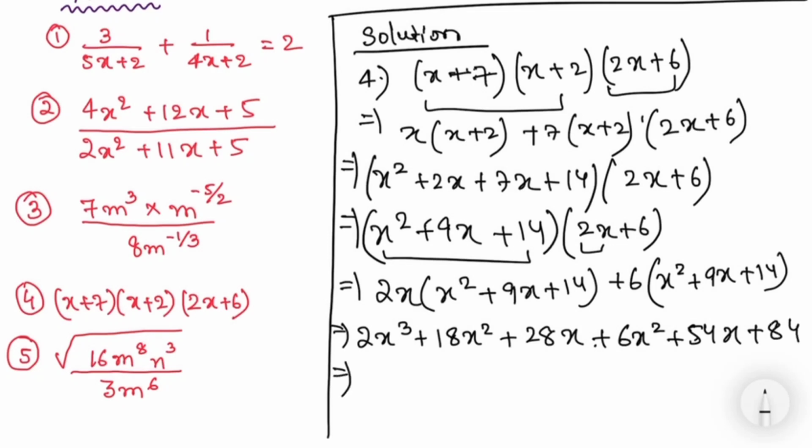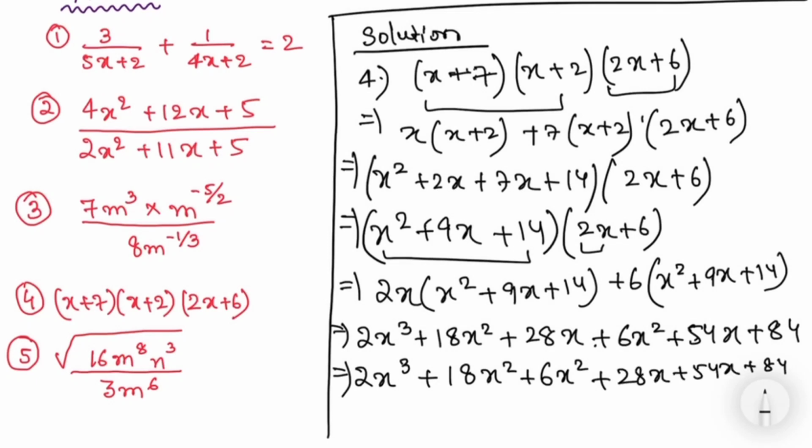Now cube will be together, so only one cube is there. For squares, we'll write them together, so 18x square plus 6x square. For x, we'll write them together, so 28x plus 54x plus 84.